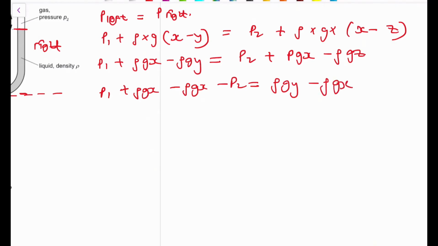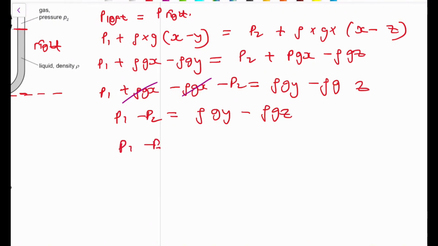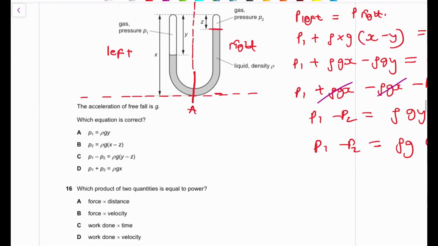So these two will cancel out, and we're left with P1 minus P2 is rho gy minus rho gz, so P1 minus P2 will be rho g(y minus z). And the correct answer is C.